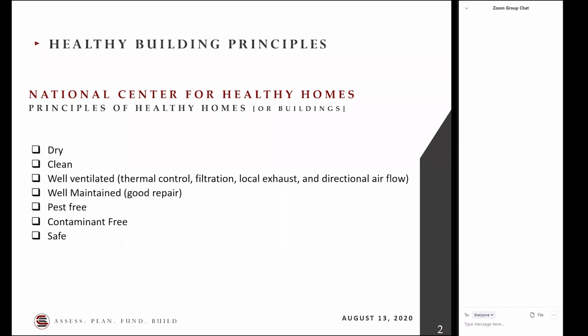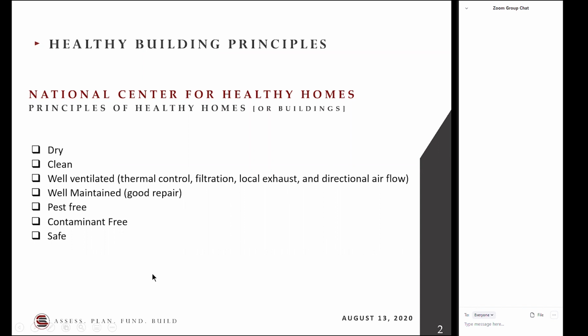So it's looking at the system, it's looking at the people, it's looking at their activities, and it made a lot of sense in terms of looking at the total indoor environment. The top 4 really are the most important: dry and clean and well ventilated and well maintained. But the others play into it too.